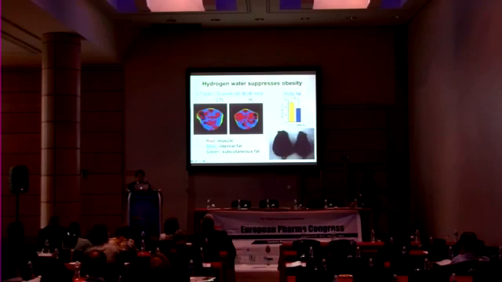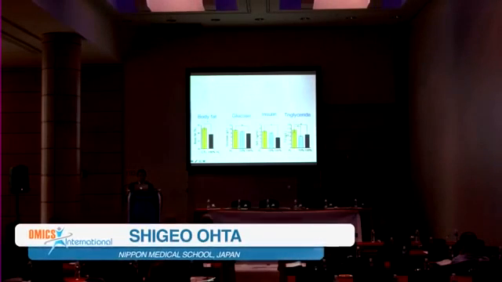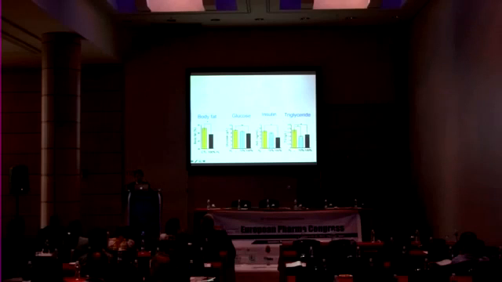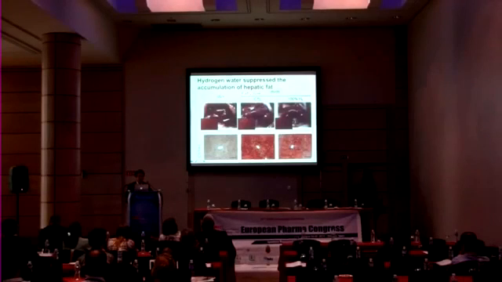Even when mice ate the same amount of diet, the body fat was decreased by drinking hydrogen water. Blood glucose, blood insulin and triglycerides were also decreased. Moreover, hydrogen water suppresses the accumulation of hepatic fat, as judged by oil red staining.